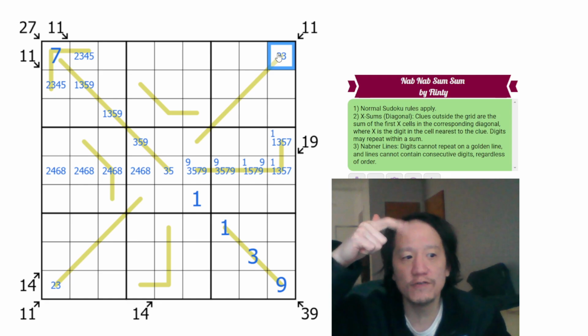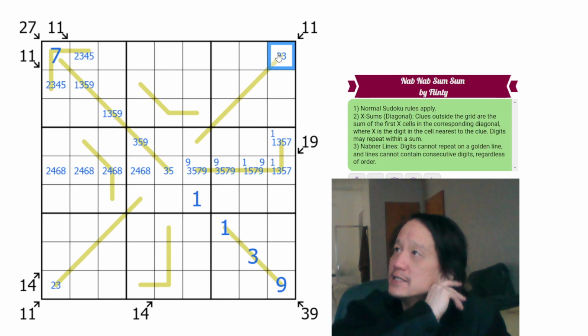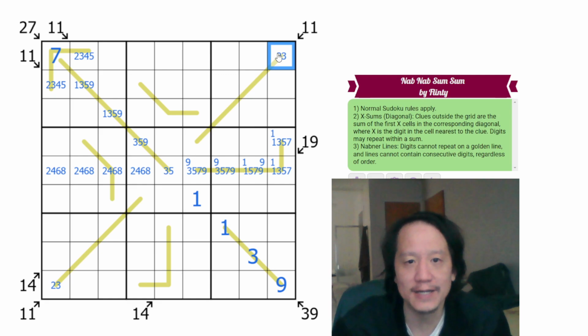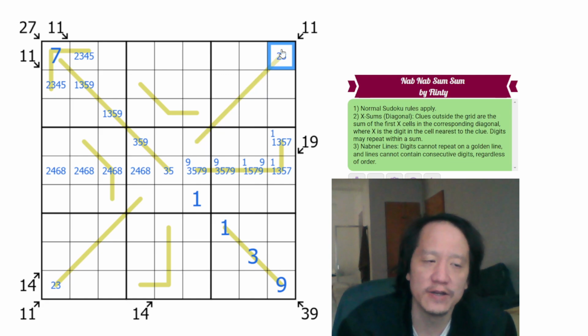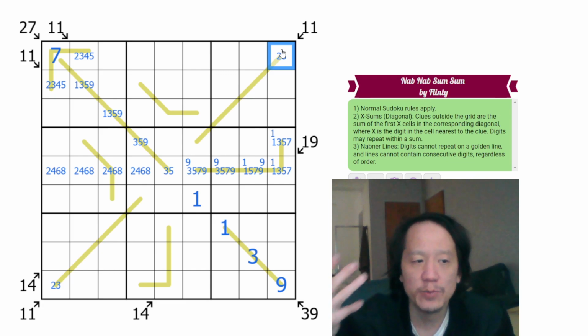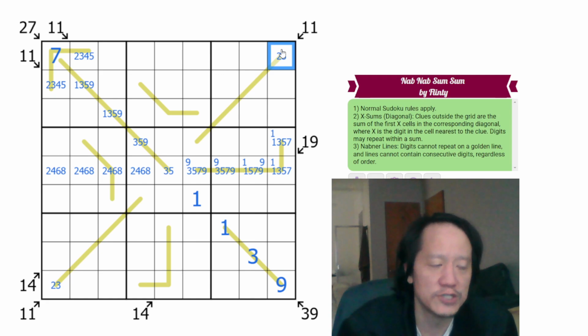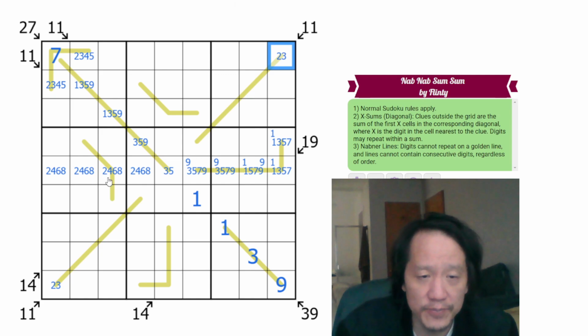So you can only have 1, 4 at minimum, then 6, then 8. So that would be 4, 6, and 8, which adds up to 18 plus 1, which would be 19. And that's already greater than 11. So 4 cannot be there. 5 can't be there for the same reason, but you could have 1, 3, 5, and 7. But that adds up to 16, which again is greater than 11. So that can't work for the Nabner line.